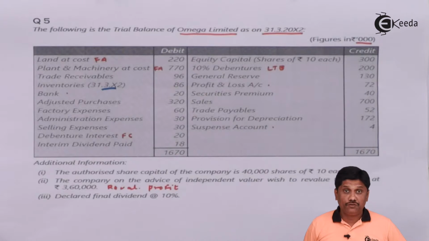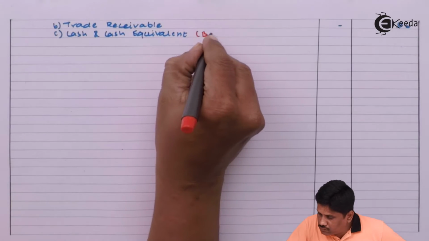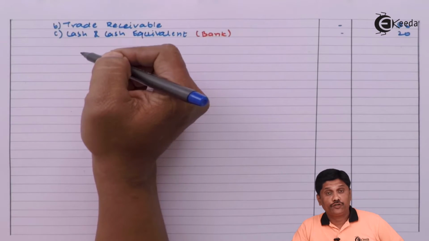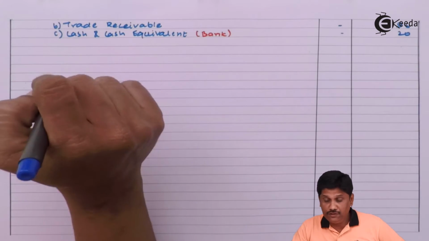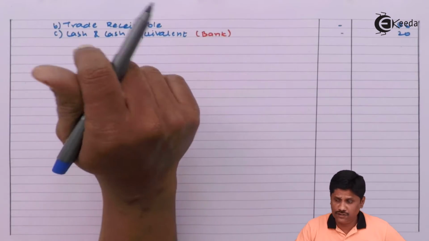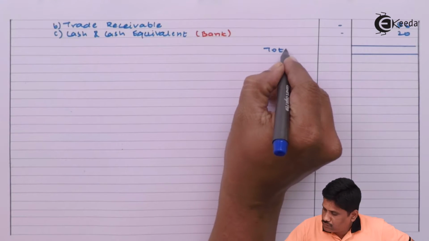In cash and cash equivalent, there is only one item, bank, 20, so I am noting it down. After that, short-term loans and advances we don't have in this example. Other current assets we don't have also, so I am closing your balance sheet here.